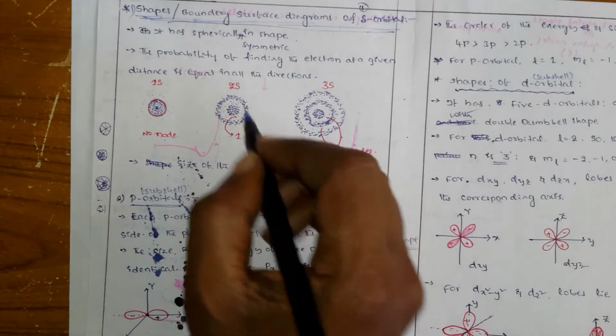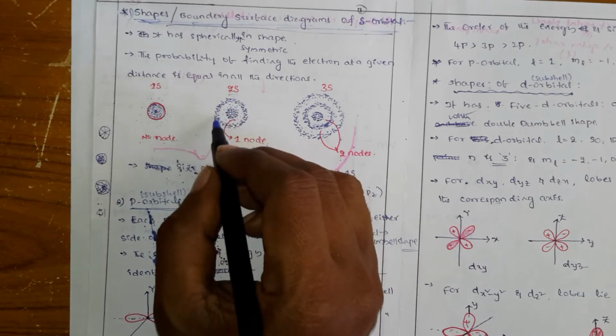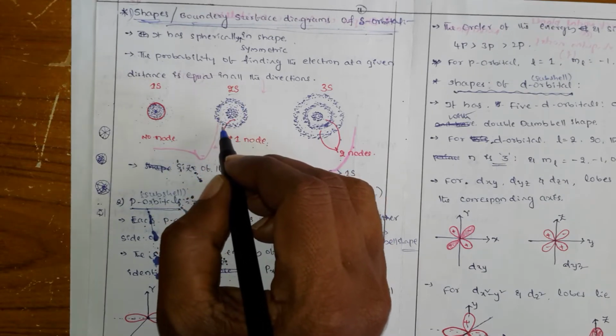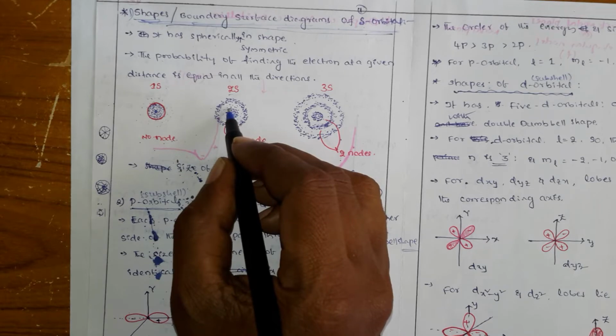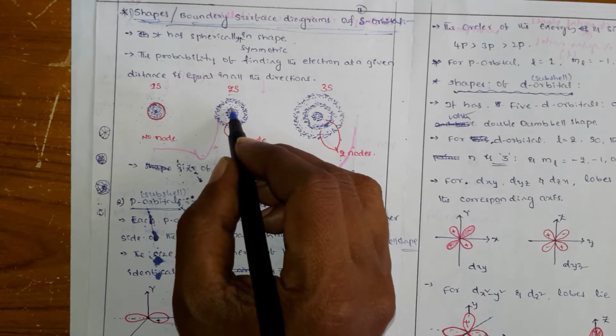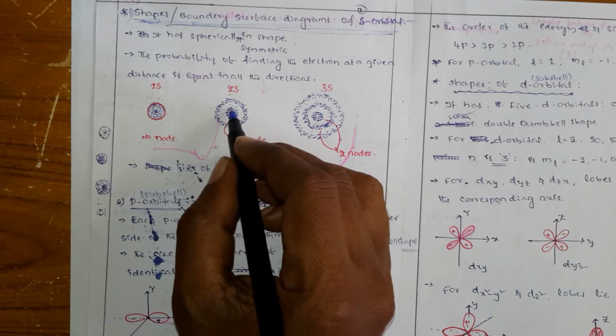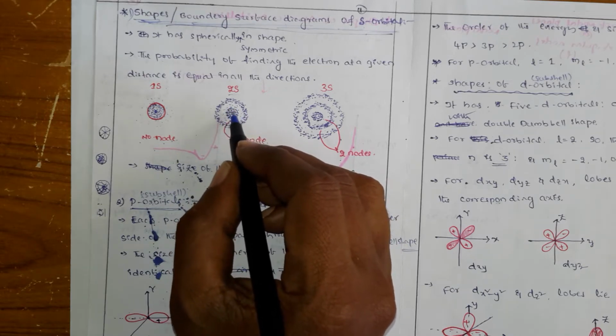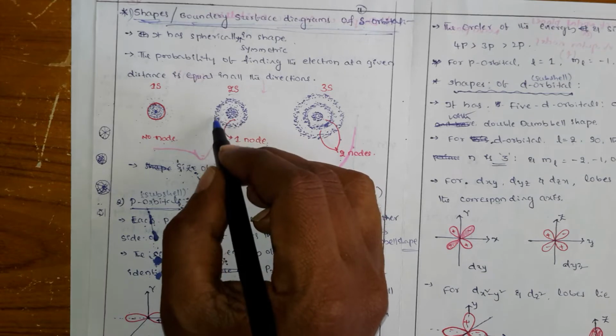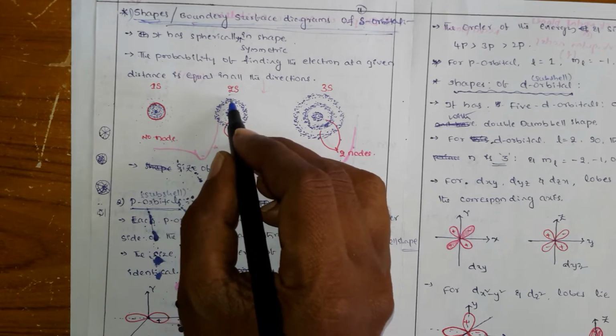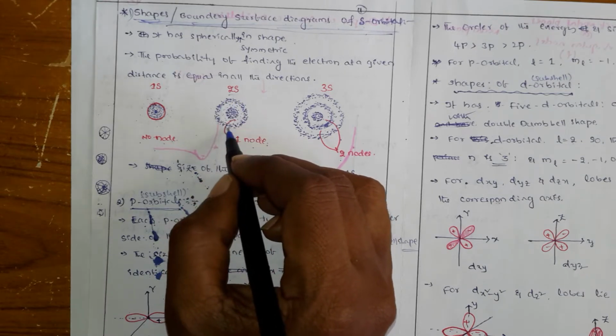Next, coming to the 2s orbital. So this is a 2s orbital. Look here, this is the first shell and this is the second shell. In the first shell there is a 1s orbital, and in the second shell, again it is in spherical shape.